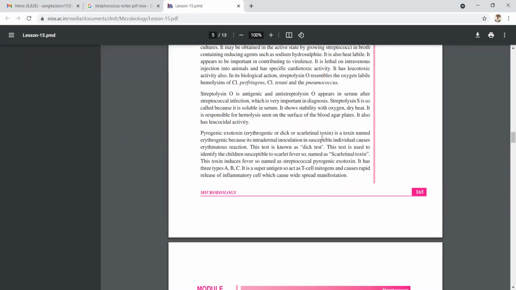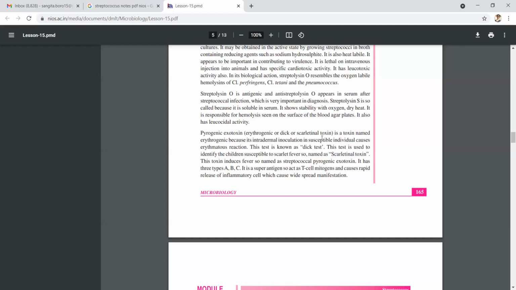We can do a test, and that test is intradermal inoculation. Intradermal is within the skin. Intradermal inoculation of this toxin into the individual. If it shows an erythematous reaction, that means some skin reaction, it will mean the presence of this exotoxin in that person.